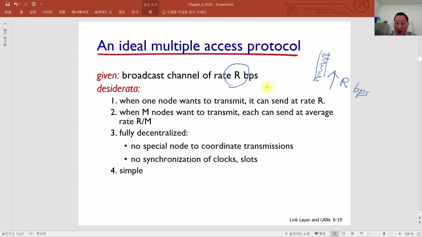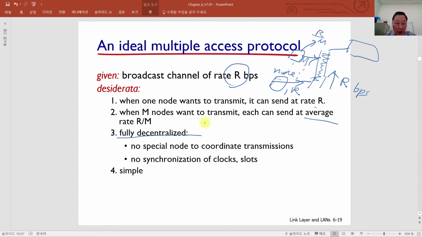When one node wants to transmit using this channel, it can send at maximum rate R. With this speed, this one can send to another node. When there are M nodes, each can send at an average rate of R over M.